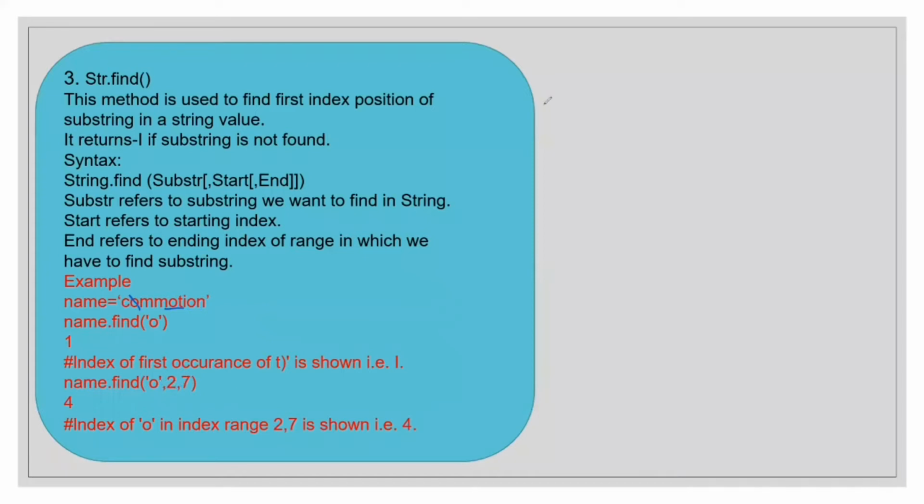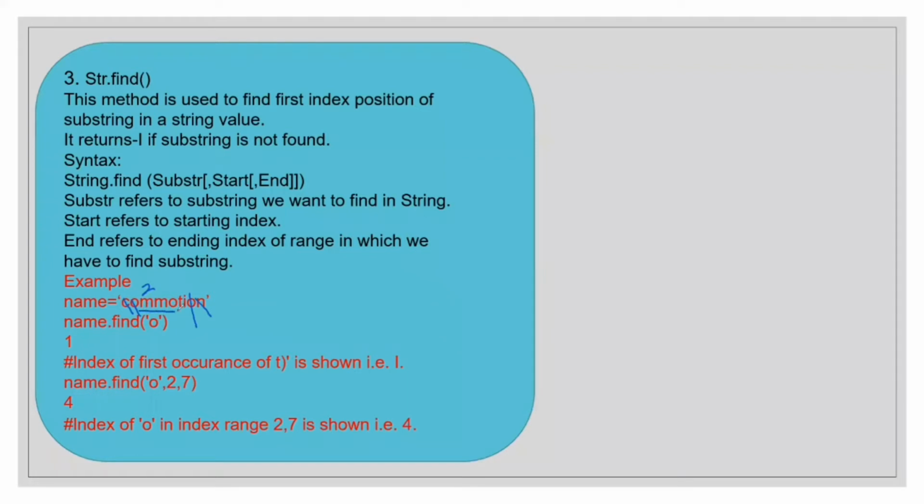Then what will happen? Now this is going to find O from here, this is 0 and 1. So it's going to ignore them and it's going to directly start from the indexing number 2, then 3, 4, 5, 6, 7, and the last index is not counted as we discussed. So these two are also not included.